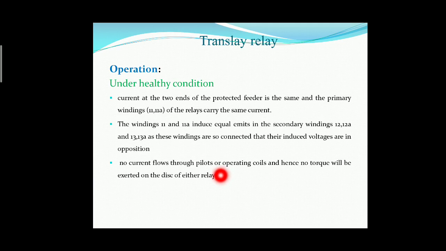This is the healthy condition or the no fault condition. Under this condition, the two voltages are induced in opposition, therefore the net current will be equal to 0. That means I1 minus I2 is 0 and no current will be flowing through the relay.